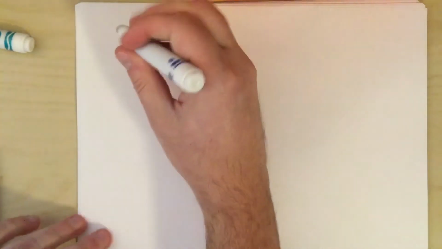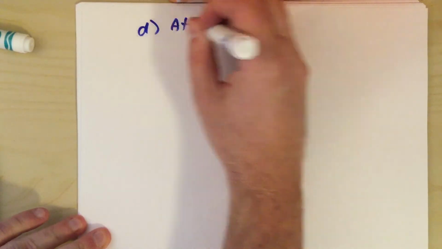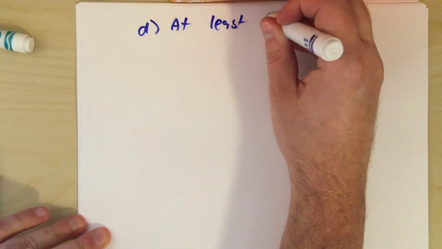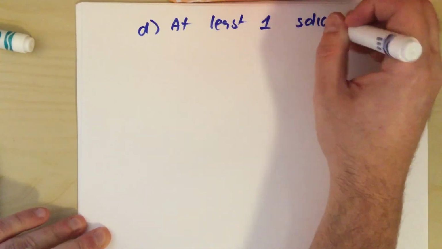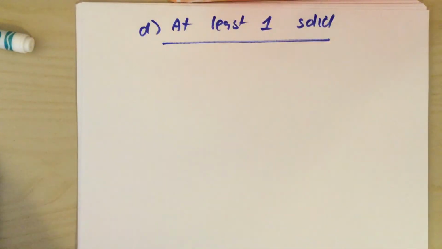So we're still doing part D. We want to have at least one solid. And what we're going to do is something called indirect.